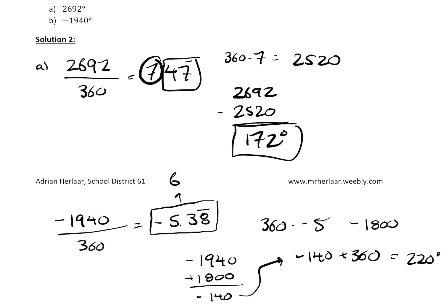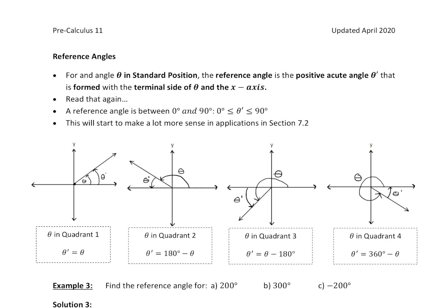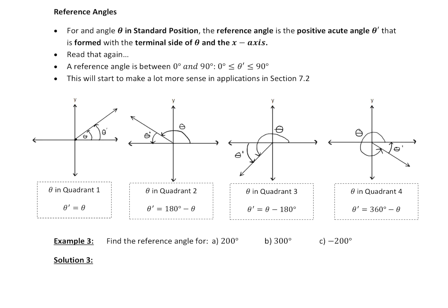Now the next one, the biggest one, the most important thing we're going to talk about in this whole thing: reference angles. Reference angles, important piece of information here, are acute angles. And remember what acute means?